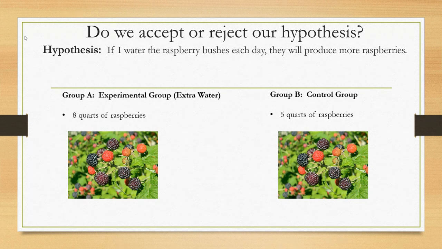So do I accept or reject my hypothesis? We accept our hypothesis because group A produced more raspberries, right? So we were correct.